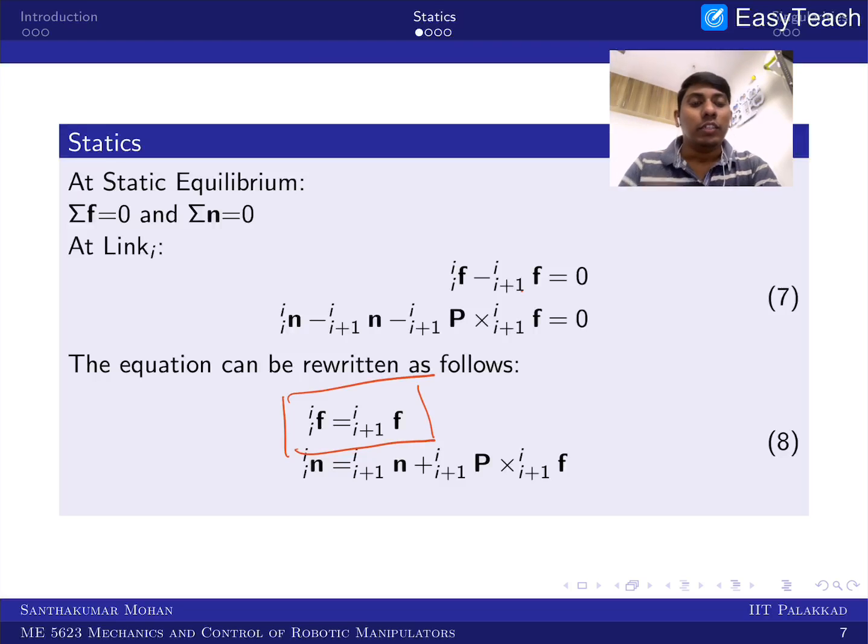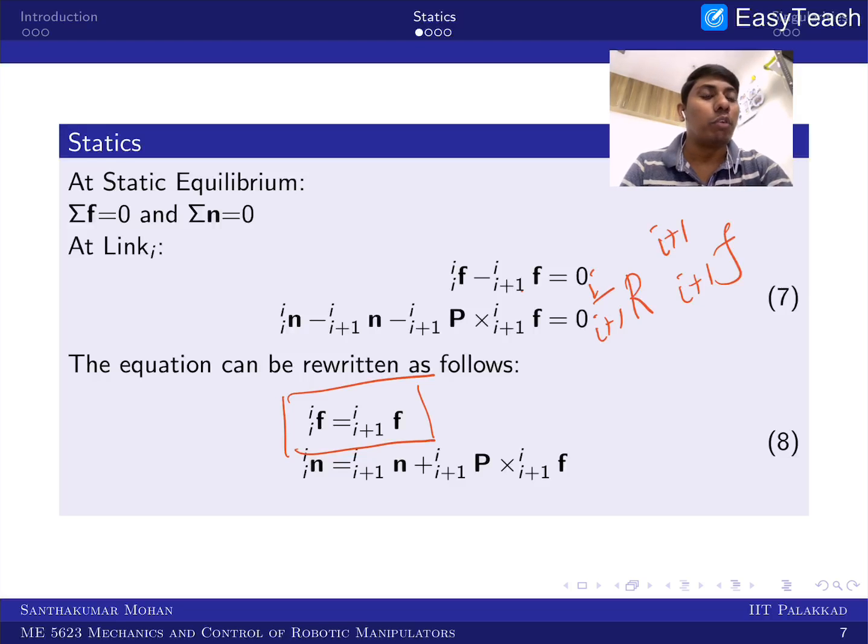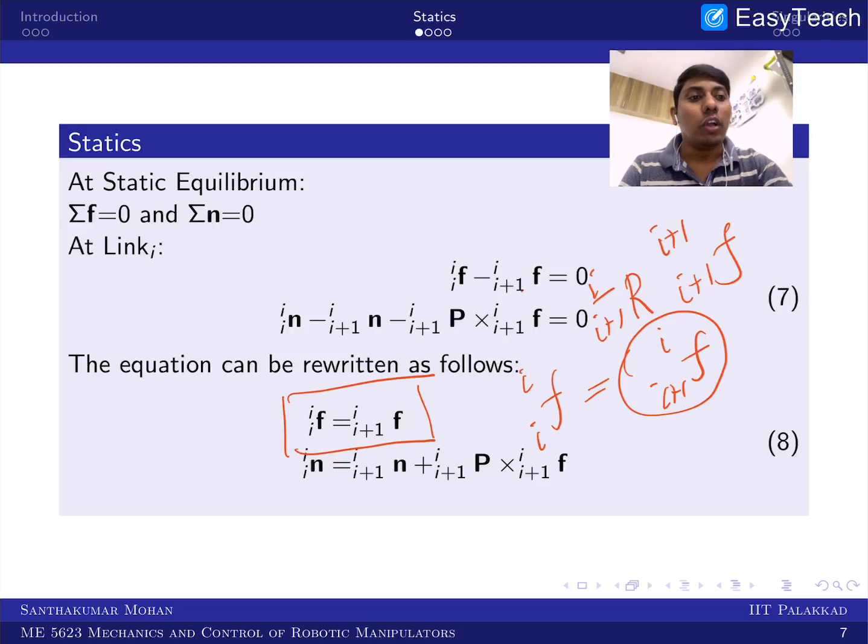I know the end effector point force with respect to the i plus 1 frame. If I know that, then I can bring in the rotation matrix, the i plus 1 with respect to i, and then I get f i plus 1 to i. This force, if I know it, is supposed to be equal to the joint force on the ith frame.